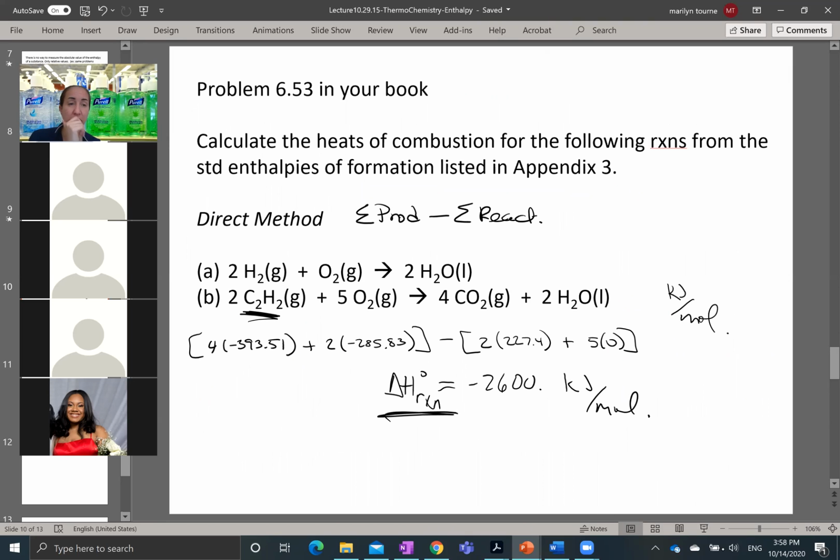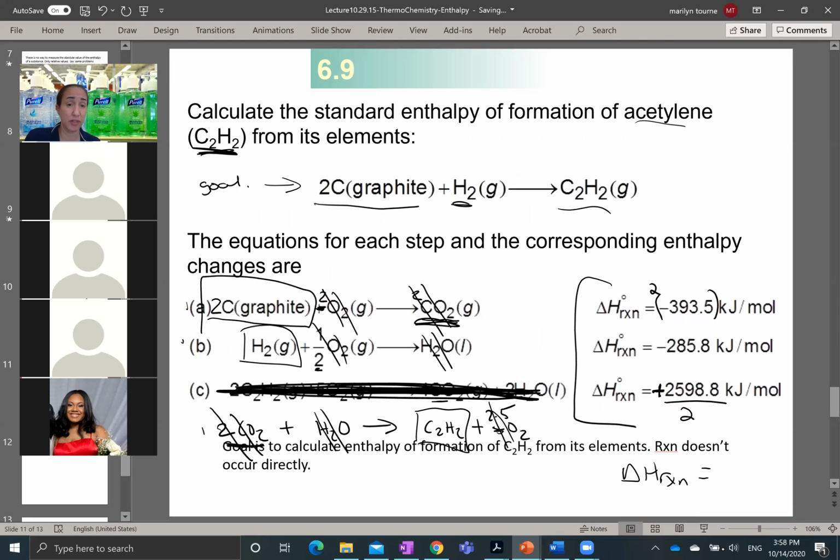What was the formation value of C2H2? 227.4 kilojoules per mole. That's right. So what should your answer be for this? Because it's asking to calculate the standard enthalpy of formation of acetylene, C2H2. What do you think this answer should be?